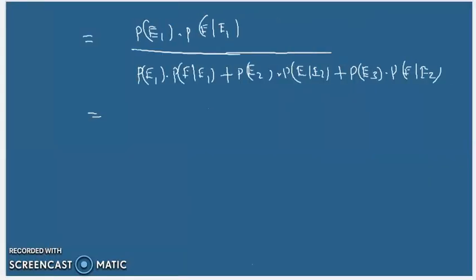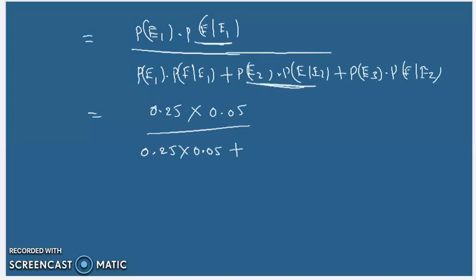So substitute all the required values in this: 0.25 into 0.05 plus 0.35 into 0.04 plus 0.40 into 0.02.